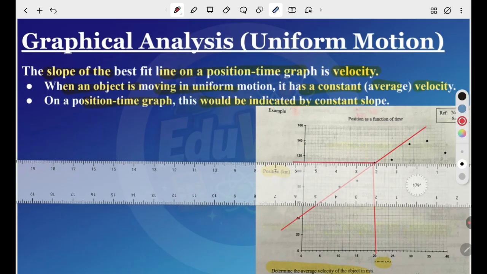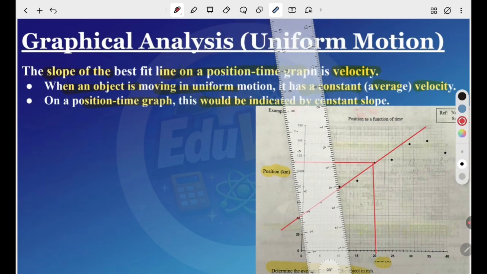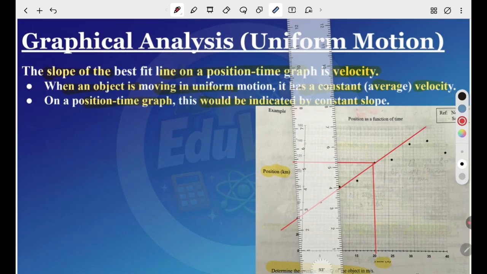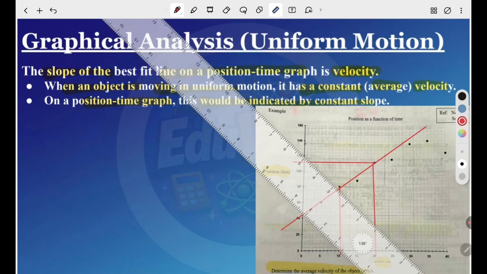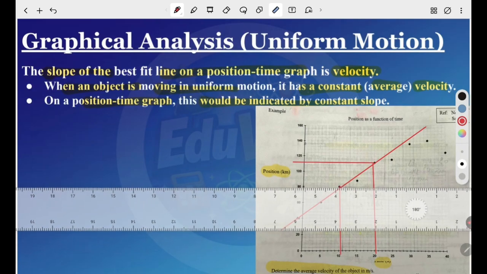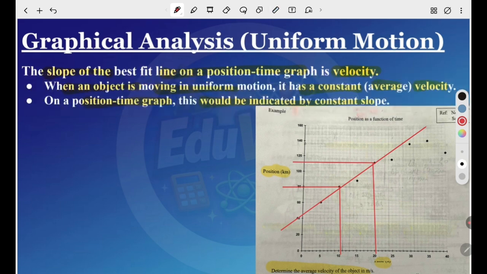Same for the second point which touches the graph. This was approx 10, and this one approx 80. So from here you get some points like this point, and this point touches the graph on the axis.